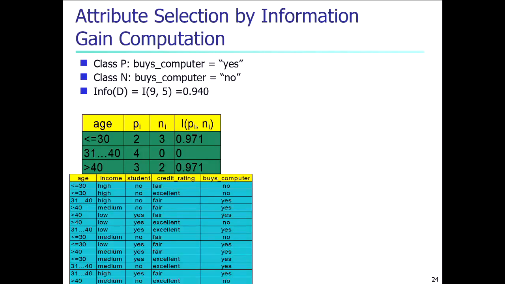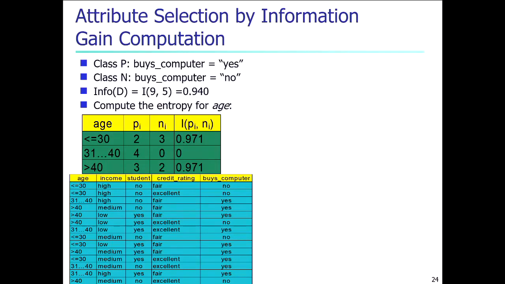Okay, let's try to do some computation. Let's say class P for positive means buys computer equals yes, and N for negative means buys computer equals no. And we compute the entropy of age.